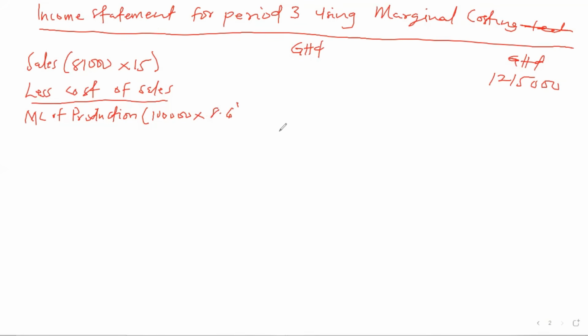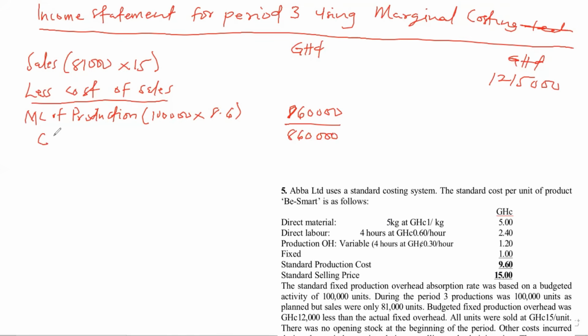When you multiply this, you get 860,000. Since there is no opening stock, the 860,000 is still your cost of goods available for sale, which is the COGAS.